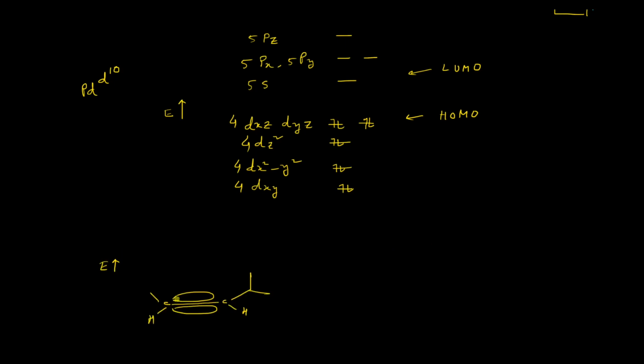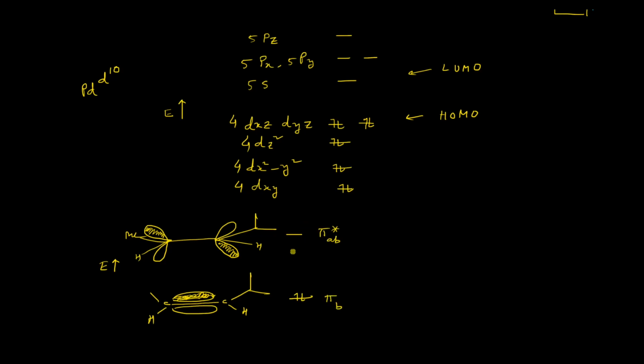So now if we consider the molecular orbitals of the alkene double bond, then they are like this. So this will be the pi bonding orbital and this will be the pi antibonding orbital or pi star antibonding orbital, right? And if we consider the electrons, then the pi bonding orbital contains 2 electrons and the pi star orbital is basically vacant, right?